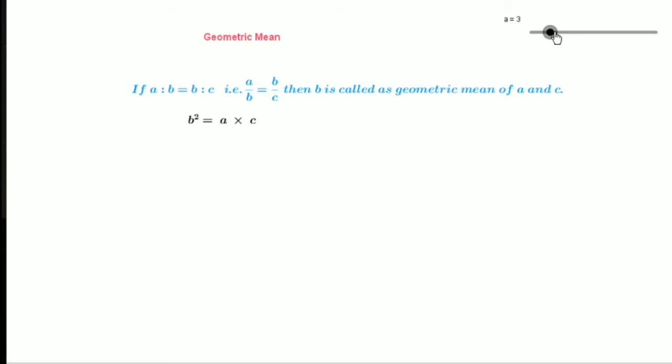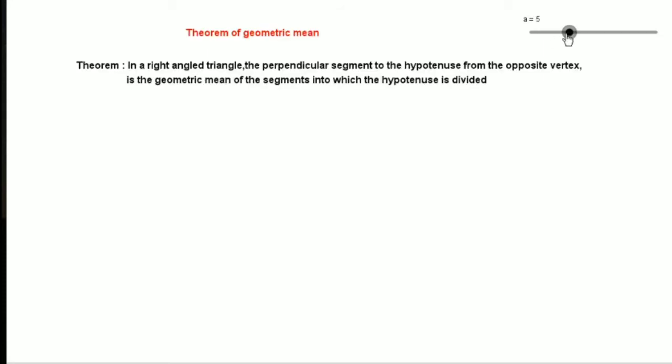Now let's see the theorem in the Pythagoras theorem chapter, the theorem of geometric mean. What is its statement? In a right angle triangle, the perpendicular segment to the hypotenuse from the opposite vertex is the geometric mean of the segments into which the hypotenuse is divided.